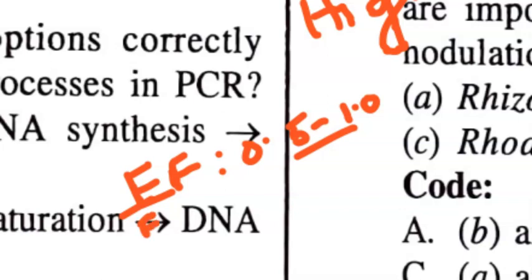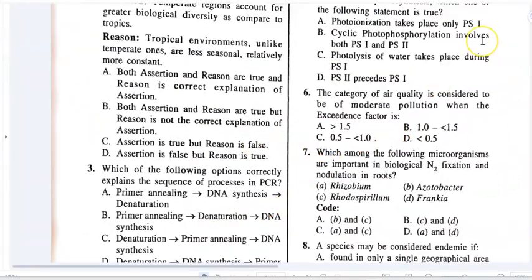If the EF value is below 0.5, it will be a low pollution level. So the answer for moderate pollution is 0.5 to 1.